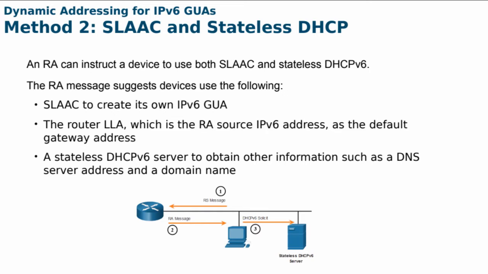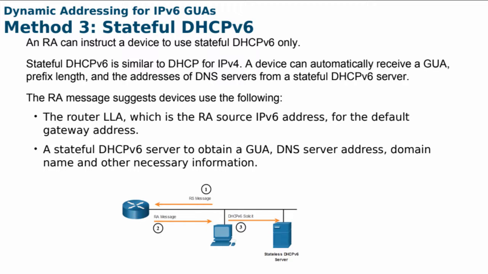A stateless DHCP server is used to obtain other information such as the DNS and domain name, also done in this method. Stateful DHCP, and here we are not using SLAAC. Here the router advertisement can instruct a device to use stateful DHCP only.